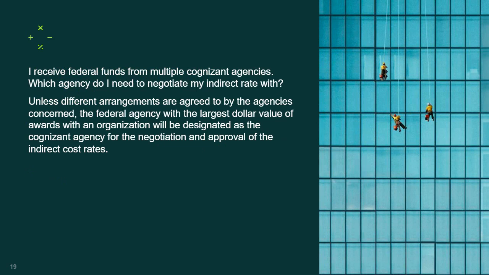One of the questions we received as you go through your federal funds is: we do have these funds with multiple cognizant agencies. Which agency at the end of the day do I need to negotiate my rate with? Unless you have different arrangements that are agreed to by the agencies involved, typically the federal agency with the largest dollar value awards with an organization will be designated as the cognizant agency for negotiation or approval of the indirect cost rate itself.